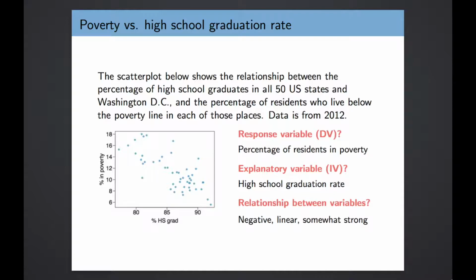We can also see that these variables are negatively related to one another. So as the high school graduation rate increases, percentage in poverty decreases. As high school graduation rate decreases, percentage in poverty increases. So they have an inverse or negative relationship to one another. We can also see that this relationship seems to be more or less linear.